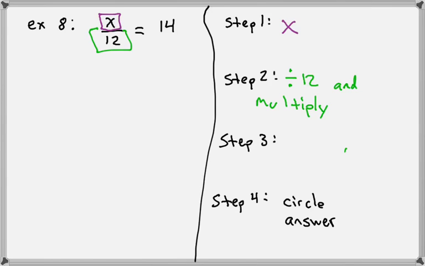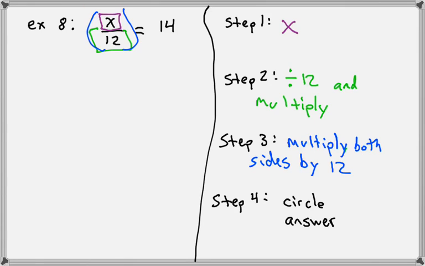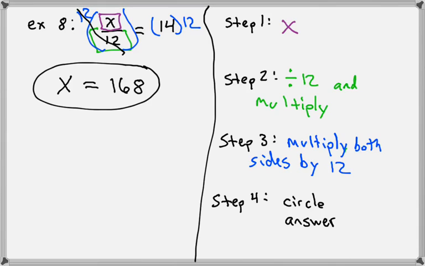So we want to multiply both sides by 12. When I do that, the 12 divided by 12 cancels out, leaving us with the x, and then 14 times 12 is 168. So we have our final answer.